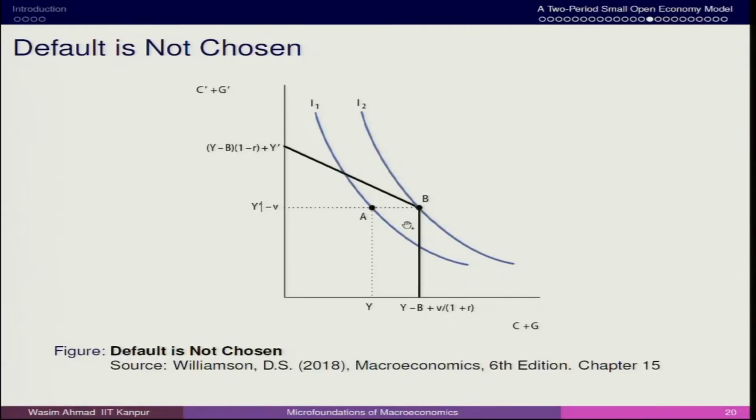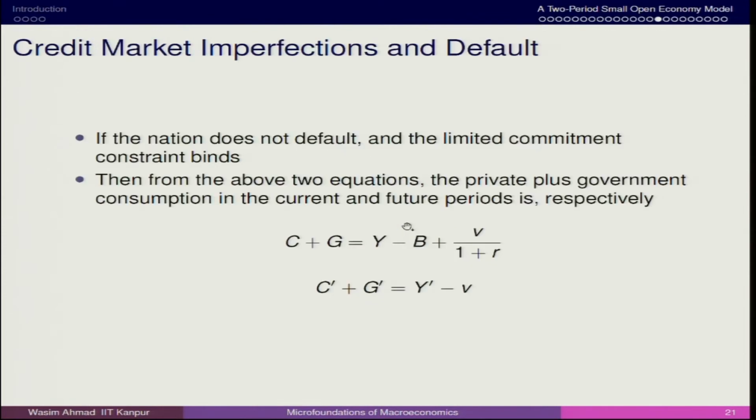If it goes for default, no borrowing is allowed. Now, here you have to also introduce the concept of how large the size of the debt is. If the size of the debt is larger, then the country would think about the national interest. If the debt service is higher, then the country would have to go for the default. So, A and B scenarios are quite important to look at from that angle.